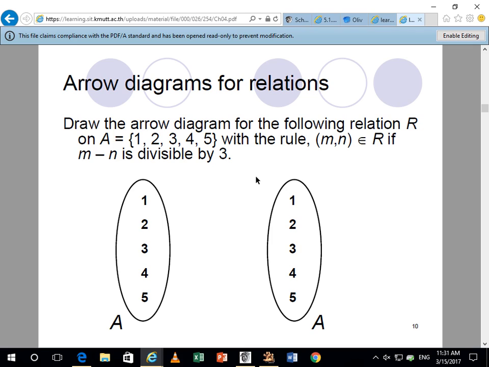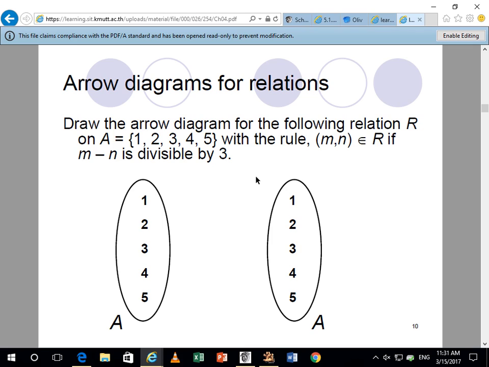The relation is ordered pairs (m, n) that are real such that m minus n is divisible by 3. So can someone help me to map?